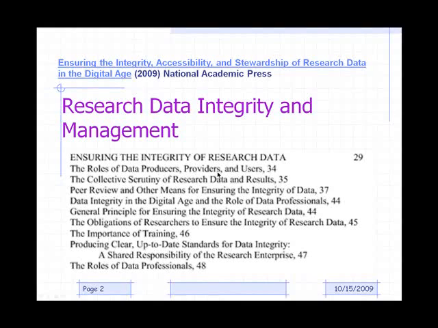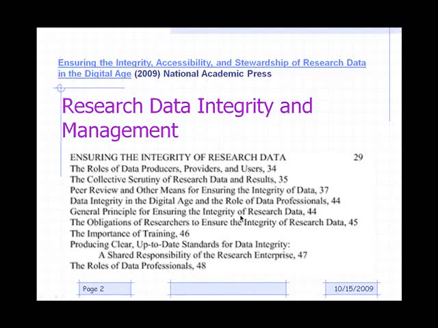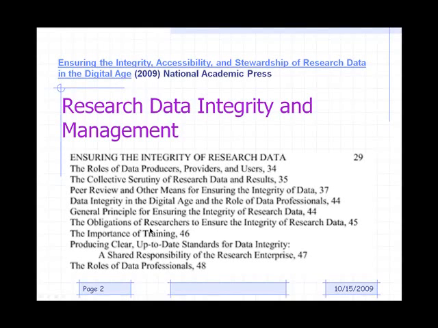So the roles of data producers, providers, and users, the collective scrutiny of research data and results, peer review and other means of ensuring the integrity of data, data integrity in the digital age and the role of data professionals, general principles for ensuring the integrity of research data, obligations of researchers to ensure the integrity of research data, importance of training and producing clear, up-to-date standards for data integrity, a shared responsibility of the research enterprise, and then finally the roles of data professionals, experts in the arena of data collection, recording, and storing and archiving.